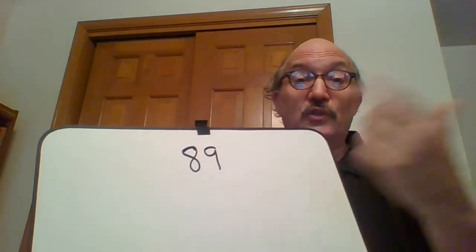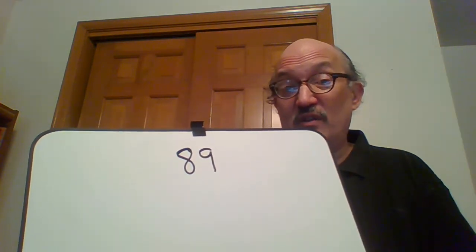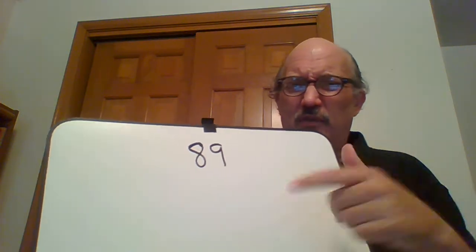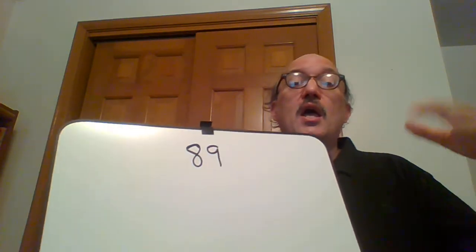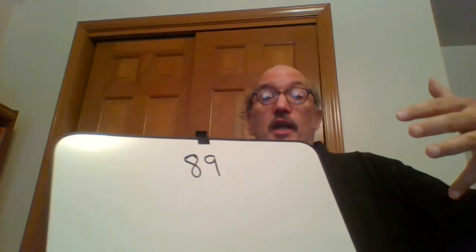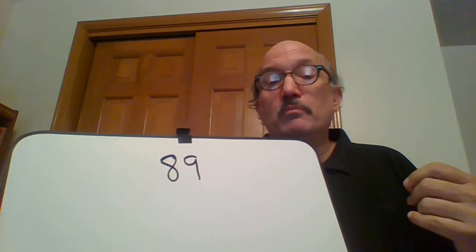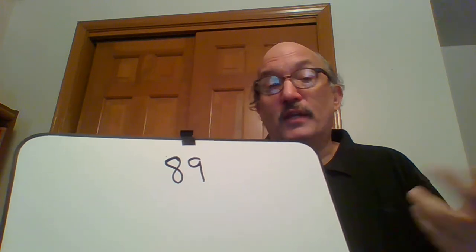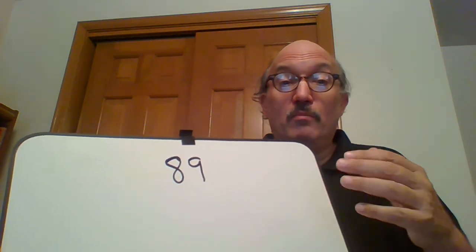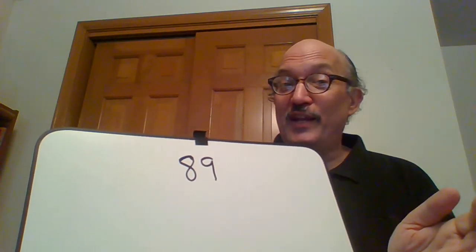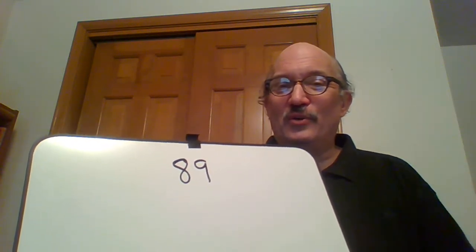Is 5 a factor of this? No. 7? Again, I'll skip 6 because if 2 and 3 are not a factor of the number, then 6 cannot possibly be. You only actually have to go as high as 10, and 10 is not a factor here, because once you go past what's called the square root of 89, then you don't have to go any further.